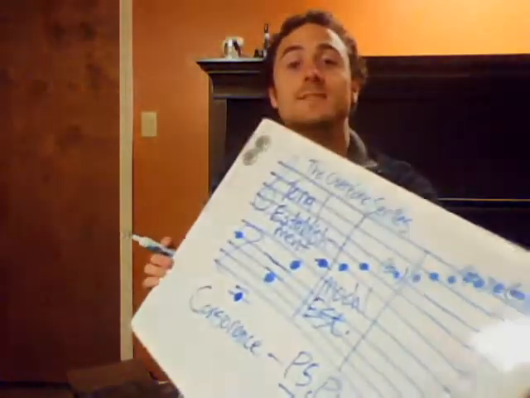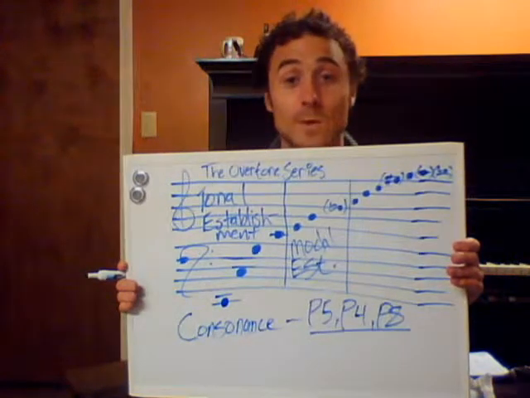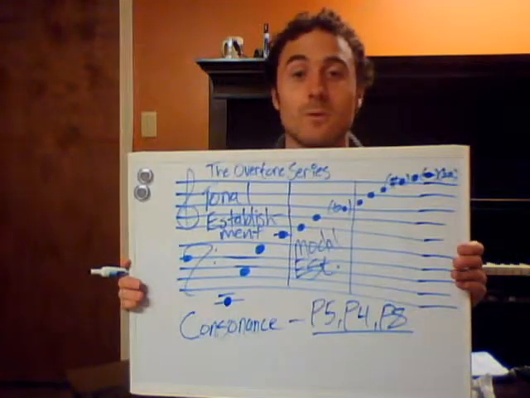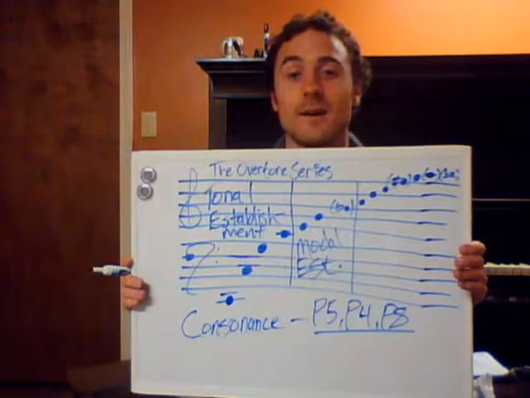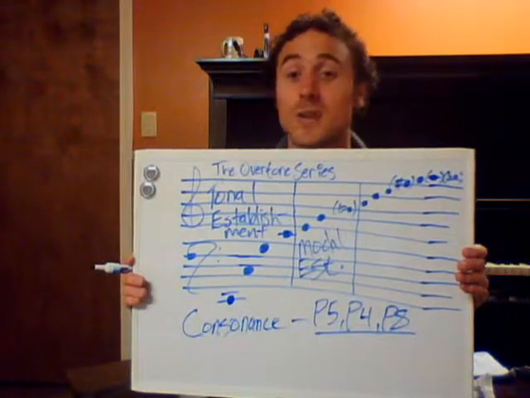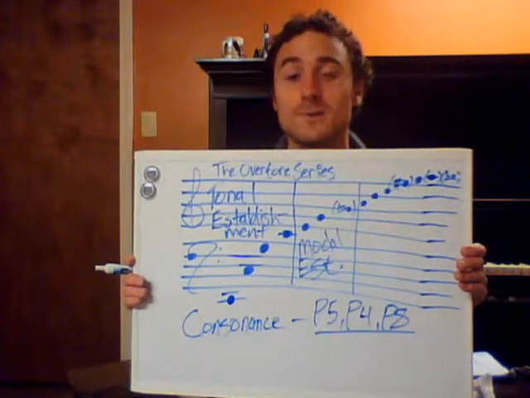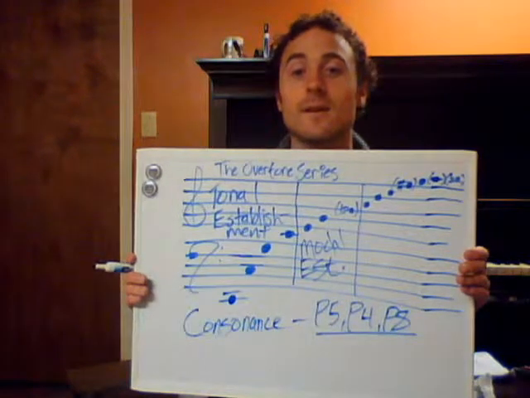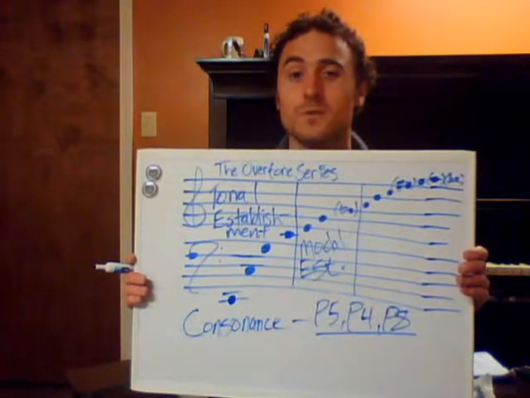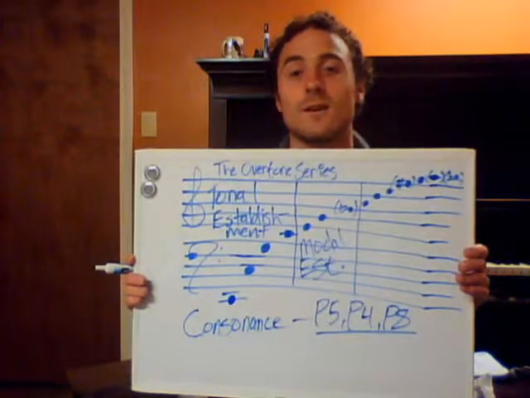The major third and the minor third both establish the major and minor modes, which is very important to know and recognize. And just for education's sake, I want you to know also the Dorian mode. We'll talk a little bit about the Dorian mode.